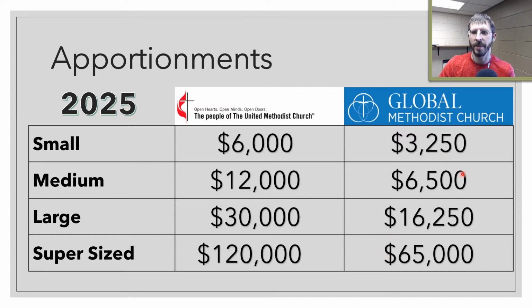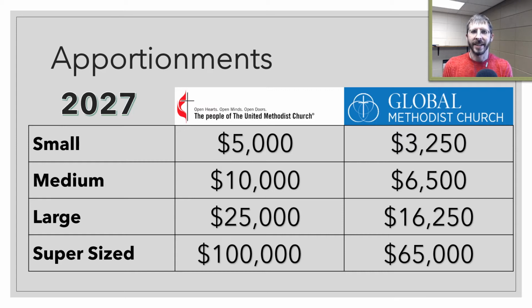So this would be their apportionment going forward. Again, with both of these, there are a lot of moving parts, and this is at least the best guess right now based on the information we know. Then we get to 2026, and the Dakota's UMC takes another step down to 11%, and the Global Methodist should be at that same rate, 6.5%.